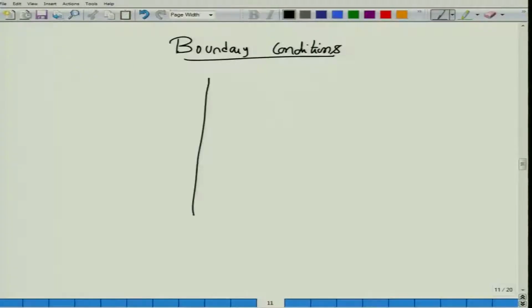To set the stage, let me draw a line here and call this line the dividing boundary between two regions. As we said, this is mu 1, sigma 1 and epsilon 1, although for now let me just focus on mu 1 and epsilon 1. We will talk of sigma 1 later because only one equation requires sigma 1. And suddenly on the other side of this boundary you have mu 2, sigma 2 and epsilon 2.